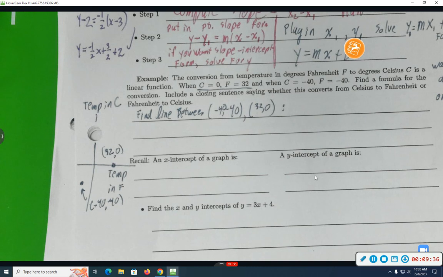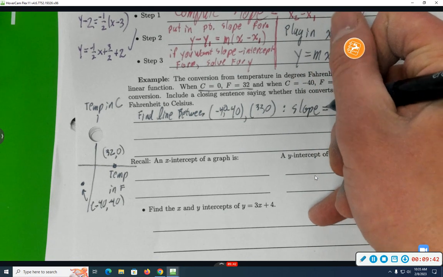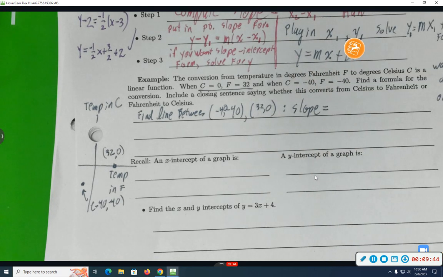What's the slope of this line? People are being quiet, and ideally it's because they're doing the division carefully. Yeah, 5/9.